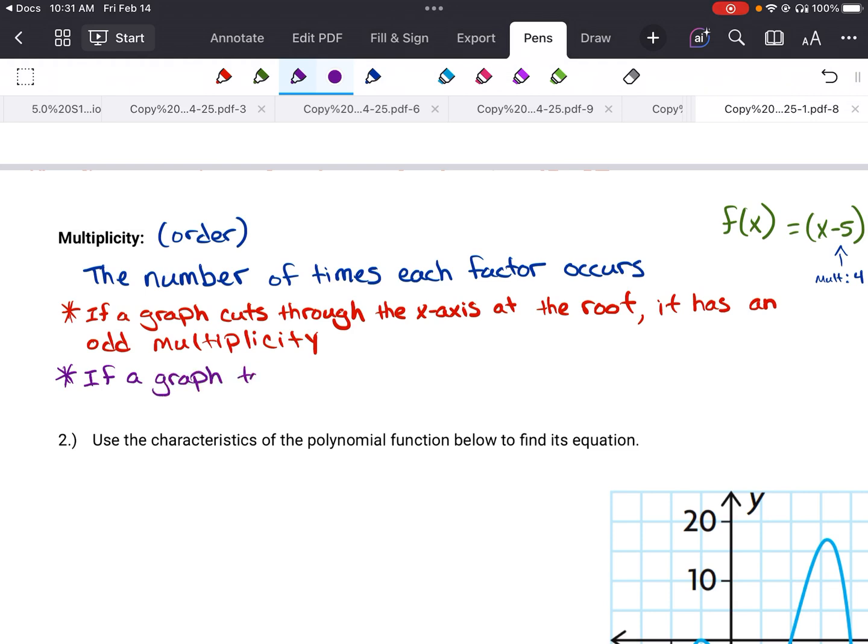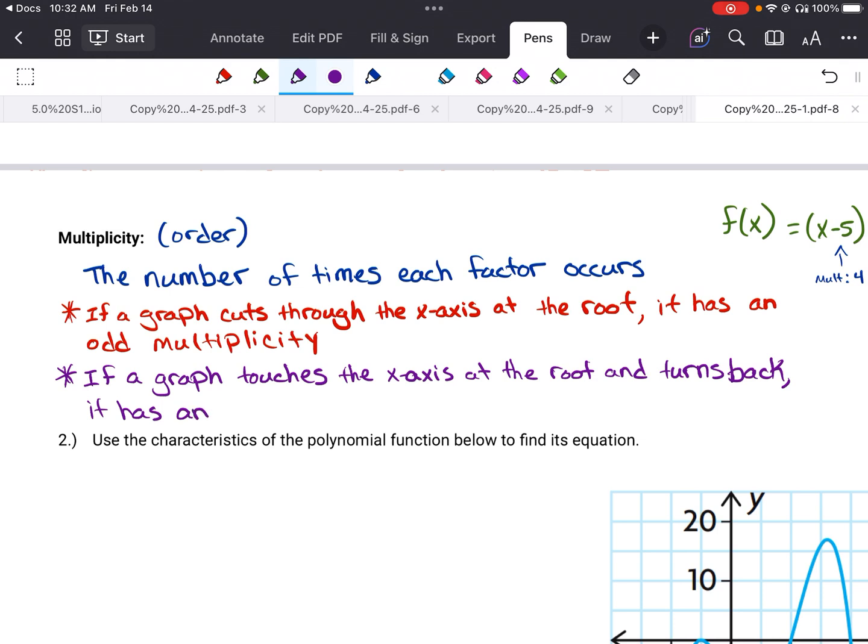Conversely, if a graph touches the x-axis at the root and turns back, it has an even multiplicity.